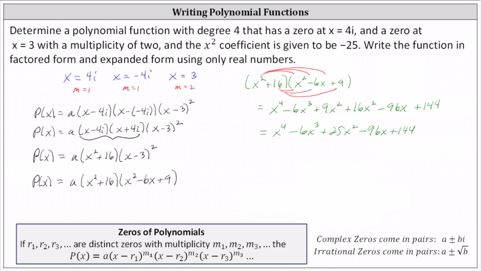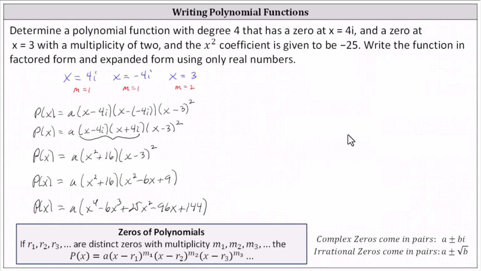So in expanded form, we have p of x equals a times, again, x to the 4th minus 6x cubed plus 25x squared minus 96x plus 144. And now we need to determine the value of a.